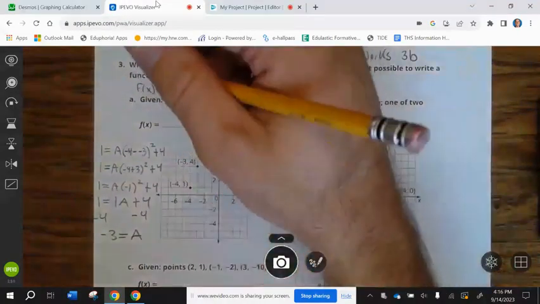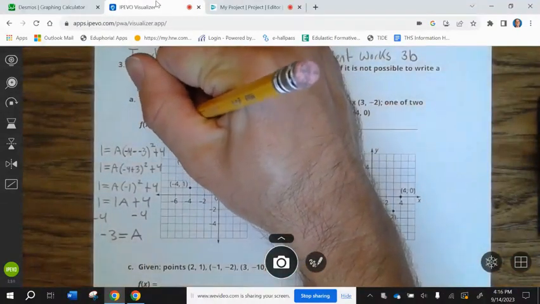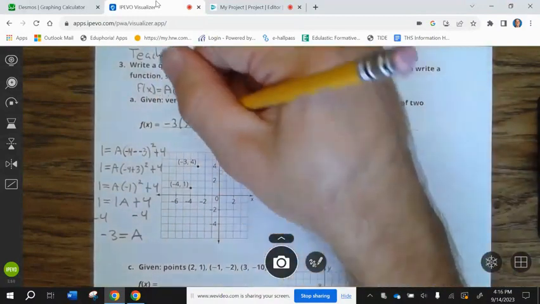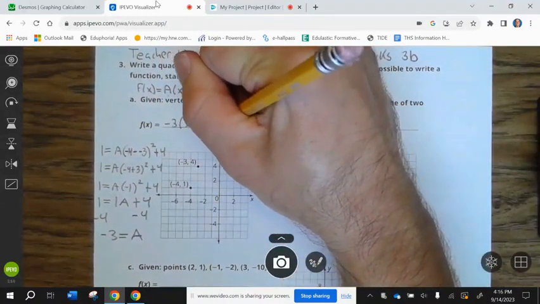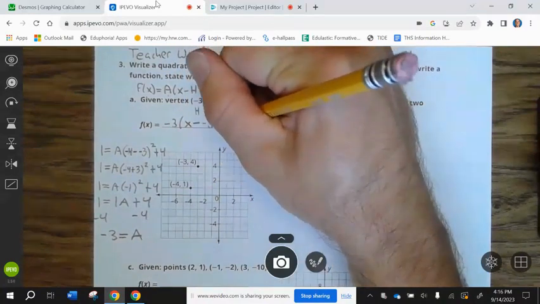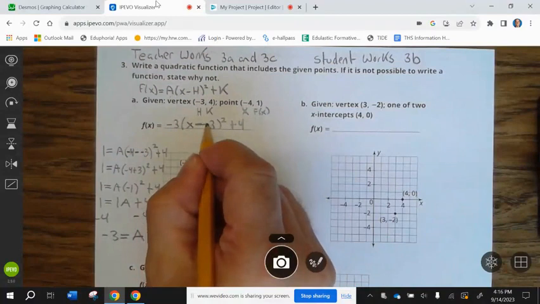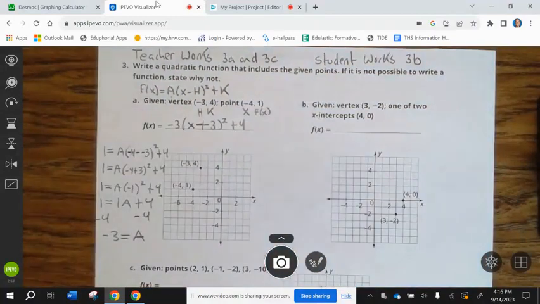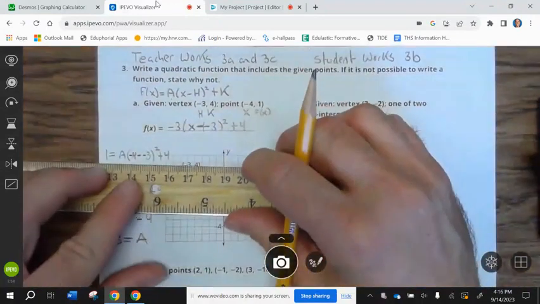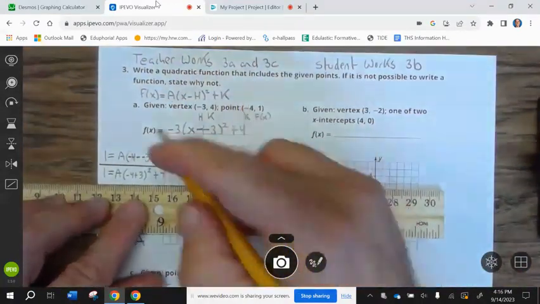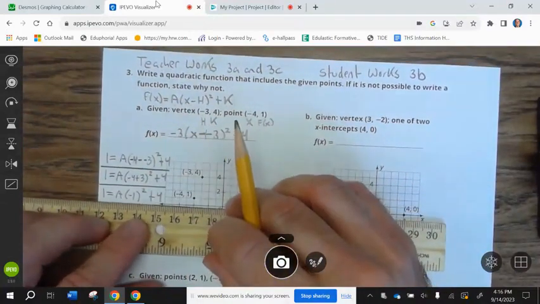So our equation is f of x equals -3, parentheses x minus h, which is a -3, squared plus 4. But when you subtract the negative, it becomes positive. Try to organize the work a little bit over here.